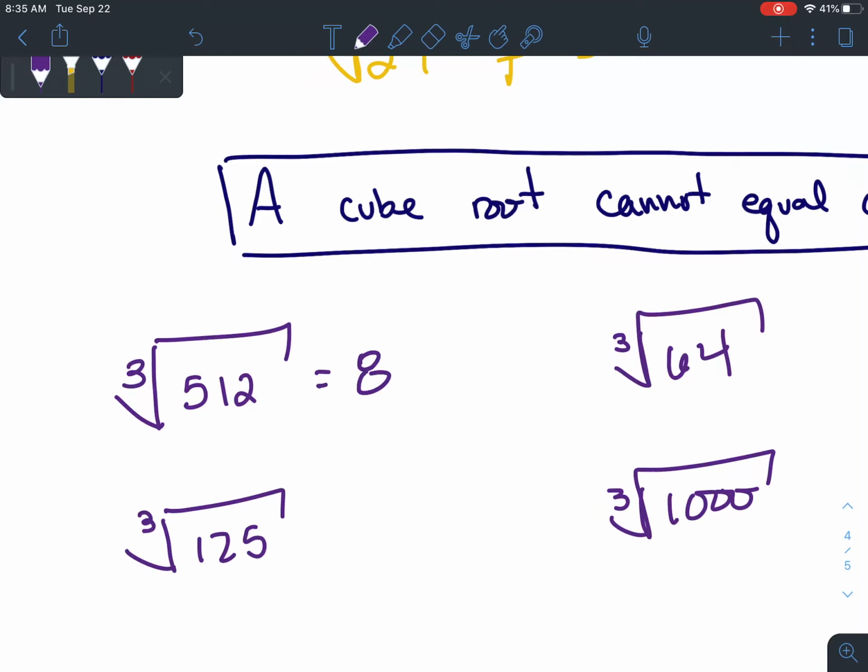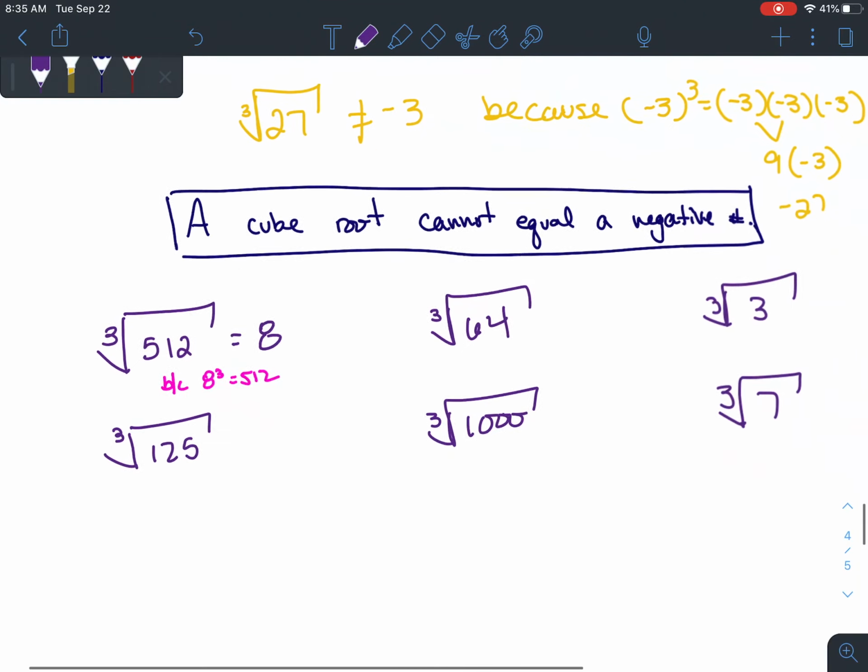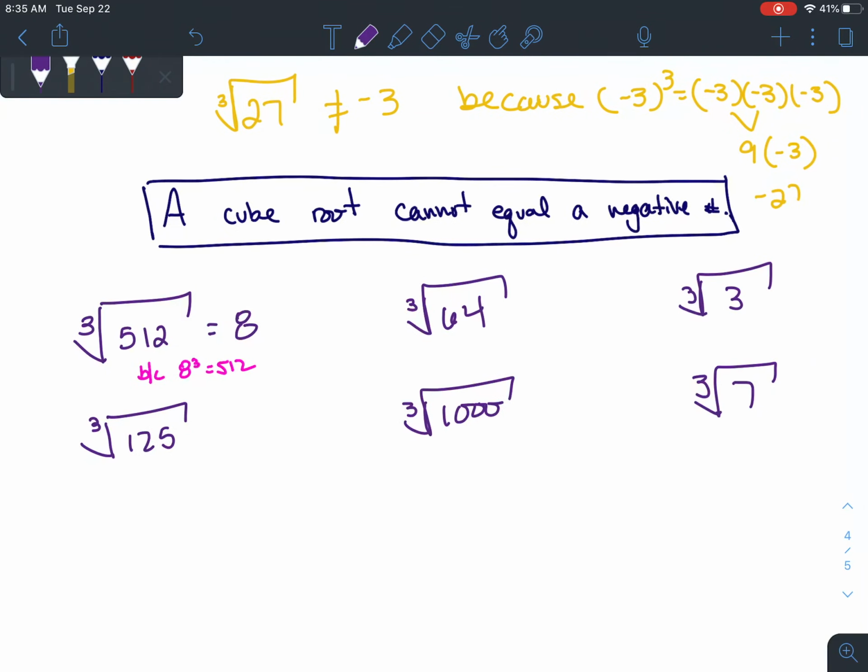And that's because 8 cubed equals 512. Why don't you try the rest of these? And when you're ready, unpause, and we'll work on it together. Okay, cube root of 125 is 5. And that's because 5 cubed equals 125.